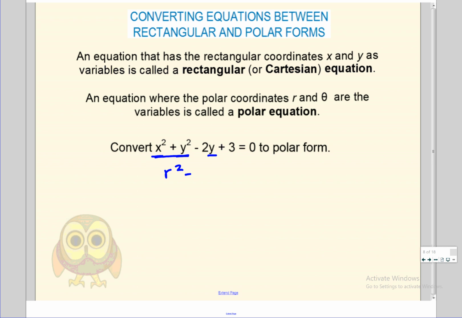Do you guys remember what y is equal to from yesterday? It's r sine theta. And you want to remember that sine goes with y and cosine goes with x, just like your unit circle. Plus 3 equals 0, and that's it.